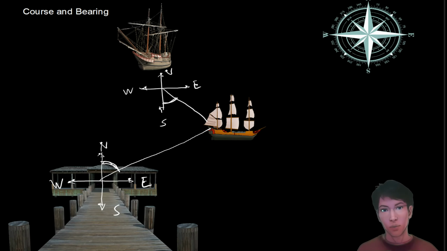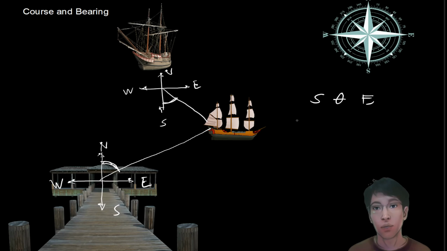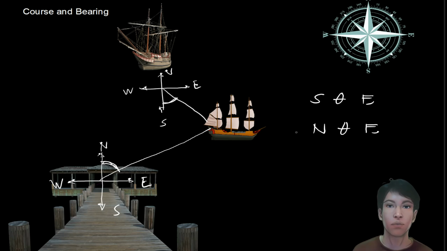Okay, so how do we write this one? So when we say the bearing is east of south, it's like this. So you have angle and then east of south. So any angle, 40 degrees, 30 degrees, whatever, east of south. In this case, for the dock, it will be east of north. So angle and then east of north.